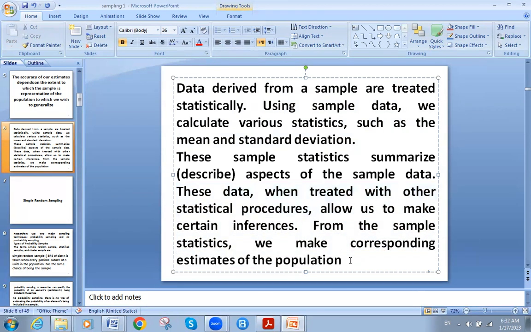So that's why we care about sample accuracy, because once we get results from the sample, we can say that these results can be applied to the whole population, because I took the sample from the population. So I will say that the characteristics of the sample represent the characteristics of the whole population.